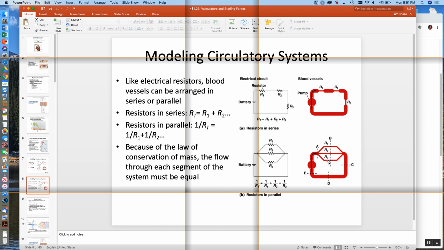But if they're in parallel, like in the pulmonary circulation, then the total resistance is less than the lowest resistor. So take a look at that Canvas site. That's why the pulmonary resistance, all of those capillaries that are in parallel with each other, is so low in the pulmonary circulation. Okay, so I think you understand that relationship.